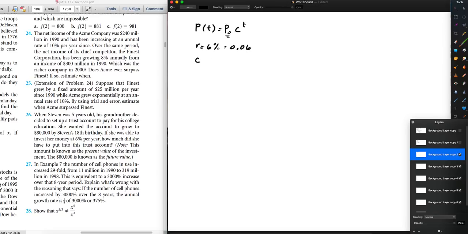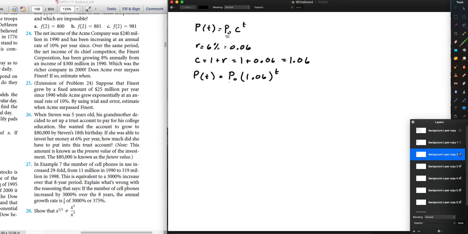C is 1 plus R, so that's 1 plus 0.06, which is 1.06. So P of t is P0 times 1.06 to the t, and that is my equation.